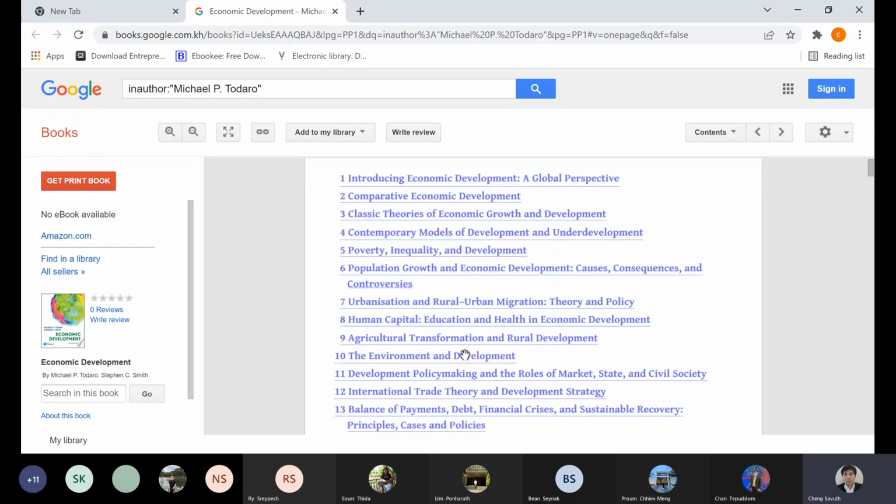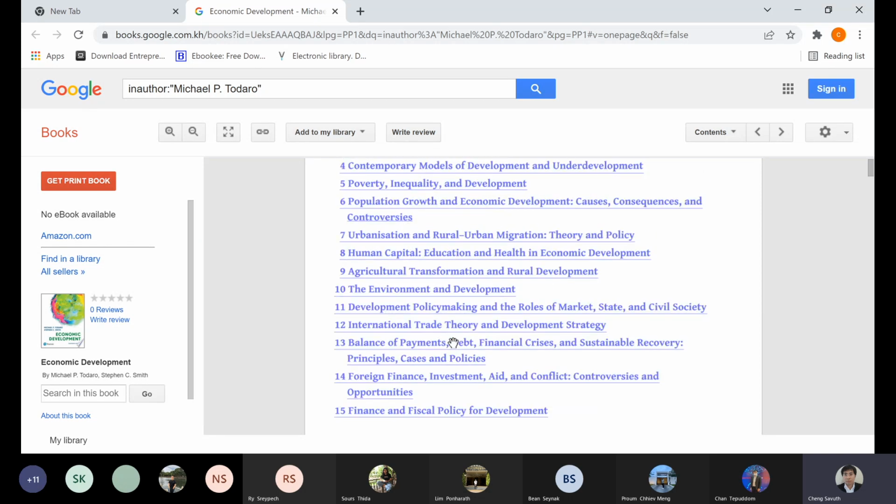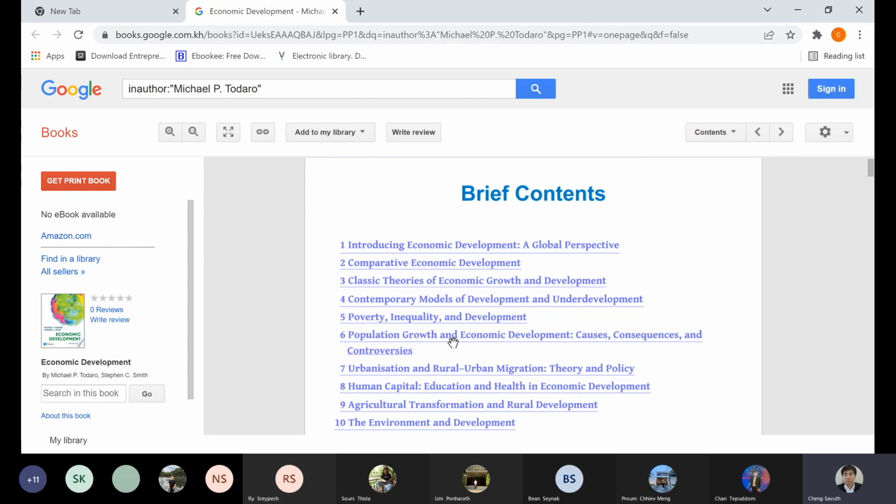Regarding what makes the book interesting, one impression I have is that it provides a lot of description and a lot of case studies, and the new version has updated a lot of cases. Todaro is one of the best-known development economists, and the way he writes is like telling a story. It looks very nice.